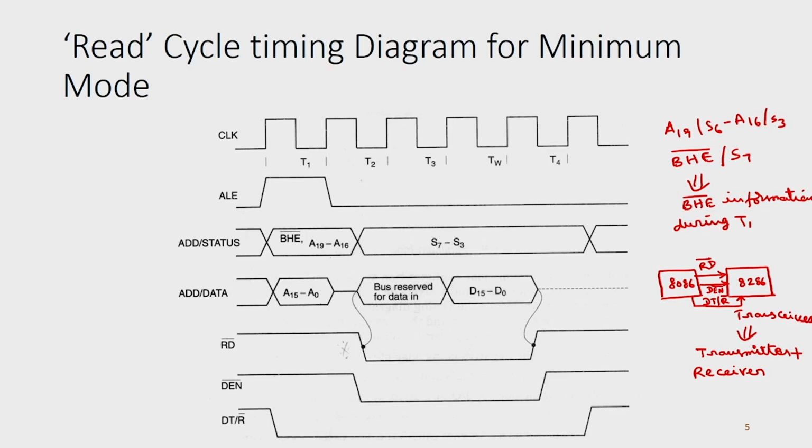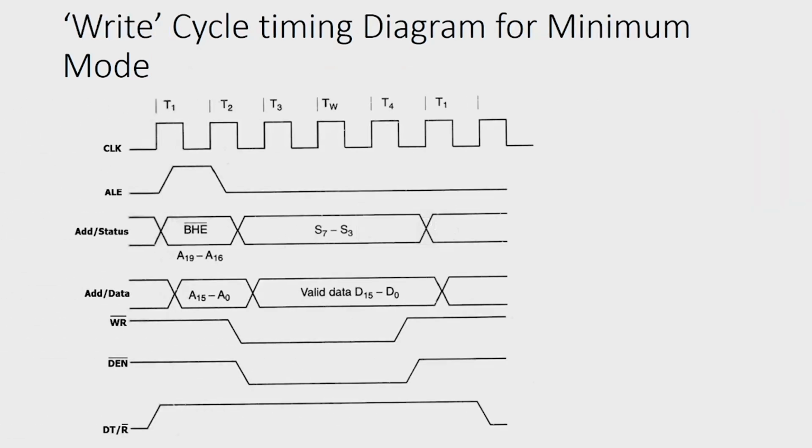The difference between read and write is that in case of a read operation, DEN bar goes low during T2 and stays low up to T4. Whereas in case of a write operation, DEN bar is low during T2, but it goes low just earlier than this one.